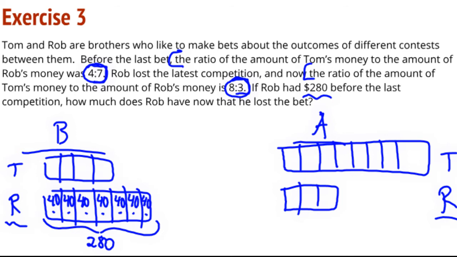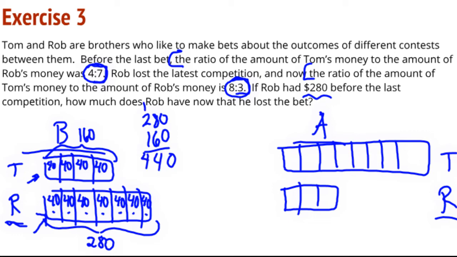And because of my knowledge of ratios, I know that if these units are 40, these units are 40. So I had $280 for Rob here, and then I've got 40 times 4, which is $160. 280 and 160.